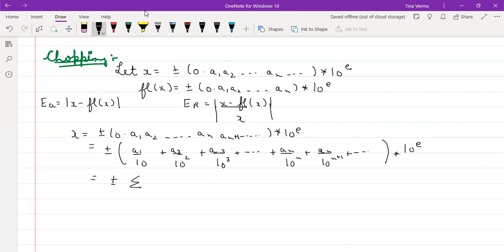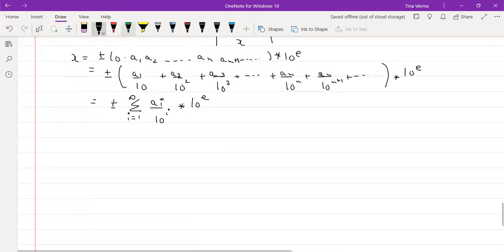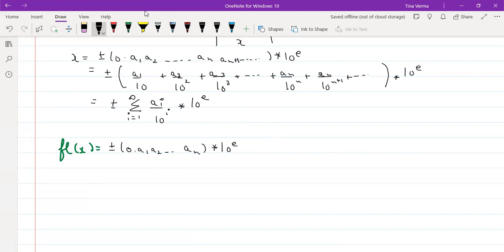I varies from 1 to infinity, ai divided by 10 raised to the power i, into 10 raised to the power e. And if I am using its approximation in this form, in the series form, what will it be?